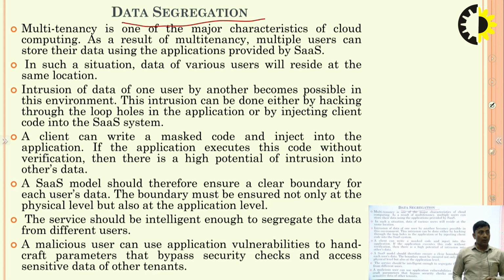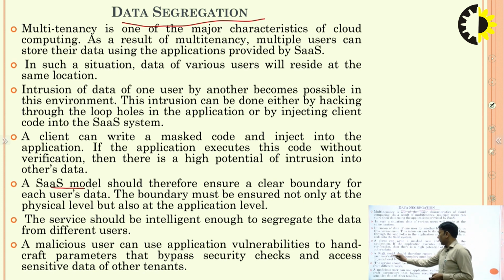So there should be proper data segregation, otherwise this issue may arise and create a problem. This intrusion can be done either by hacking through a loophole in the application or by injecting client code into the SaaS system. A client can write a masked code and inject it into the application. If the application executes this code without verification, there is a high potential of intrusion into others' data.